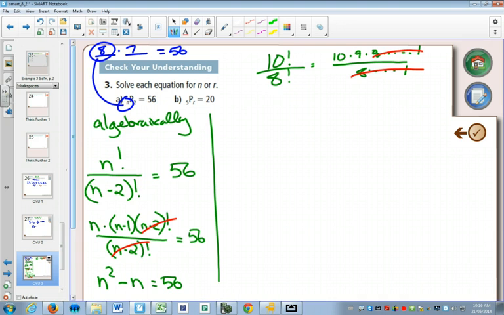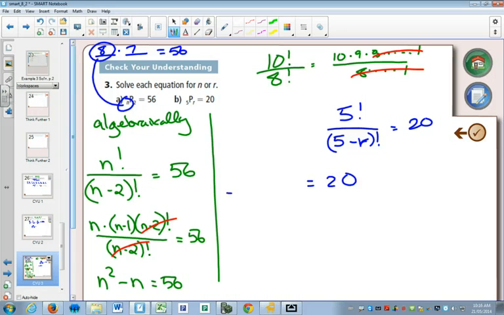However, for one like question number 2, algebraically does not work out nicely. Because if you use the formula, in this case, you will get 5 minus r factorial, and you can't expand either of those to make anything cancel out. So it doesn't work nicely. However, if you go, I know it's equal to 20.